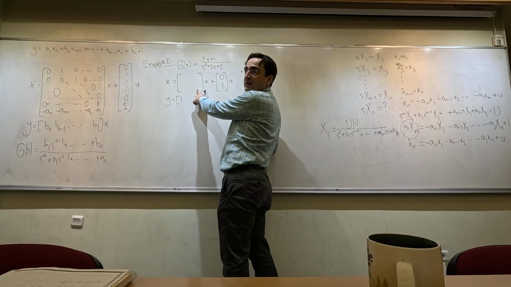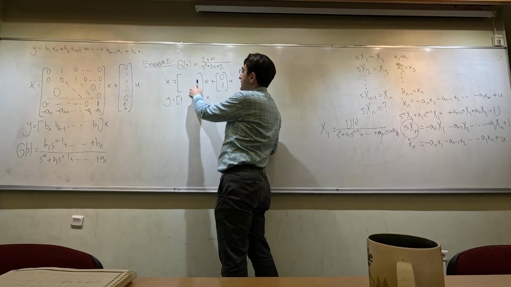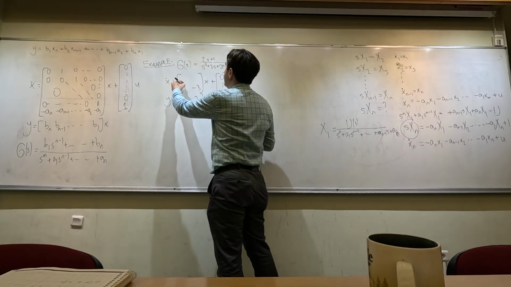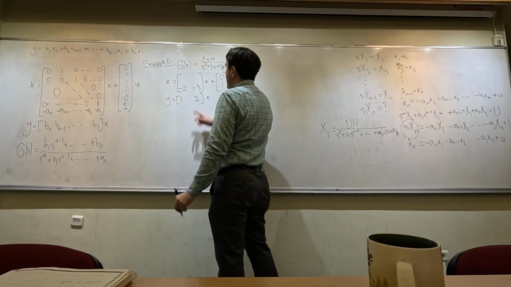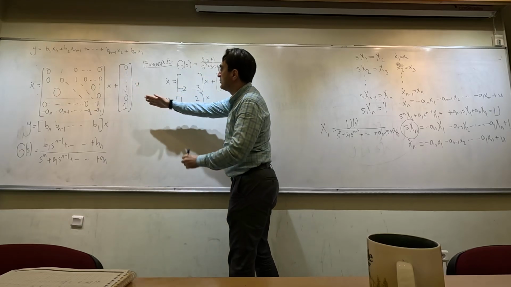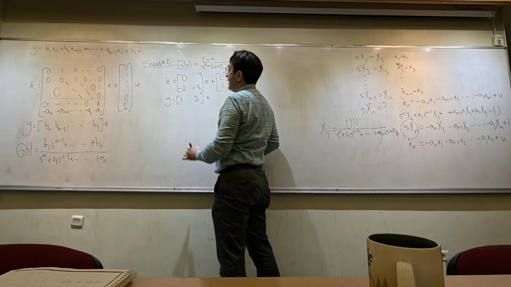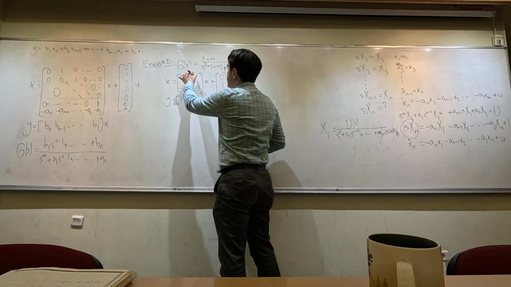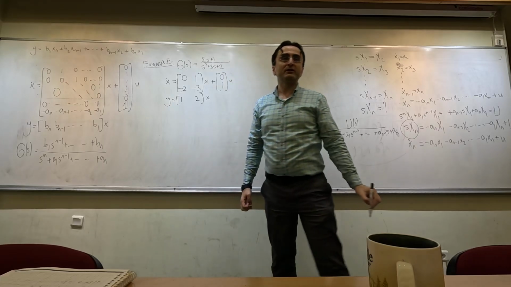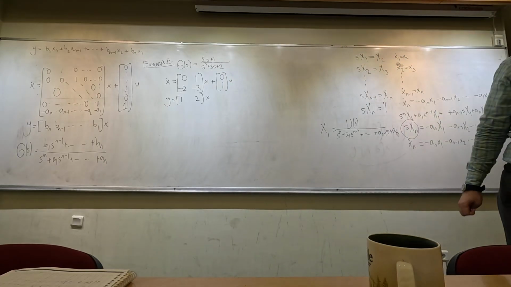This is going to be minus a1. What is going to be this? It's minus 3, and I have minus 2 here. Okay? And the main diagonal is 0 except for the last row, and the super diagonal is 1, and that completes the state space representation. Okay?